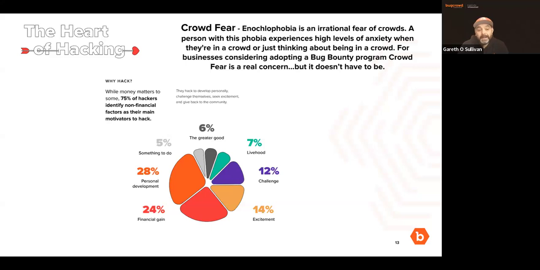The other reality is that a lot of hackers like to hack for different reasons. You see here in this slide, the majority like to do it because it helps with personal development, so they can improve their skills. They get involved in programs with Bugcrowd, for example, and they get access to test a huge range of different asset types that they wouldn't typically be able to engage with otherwise.